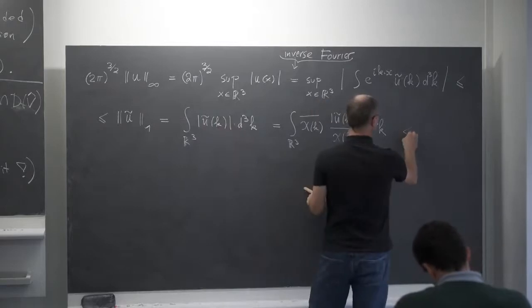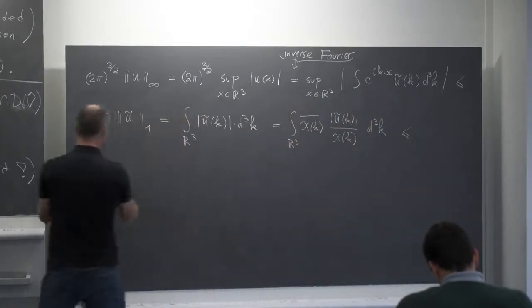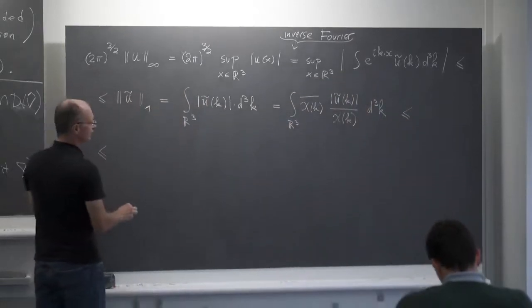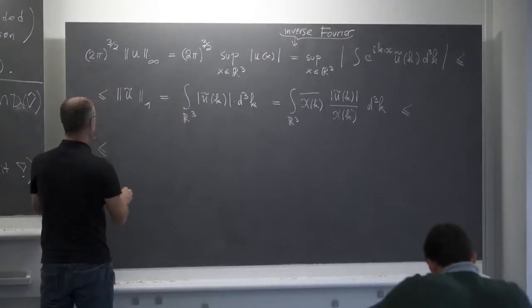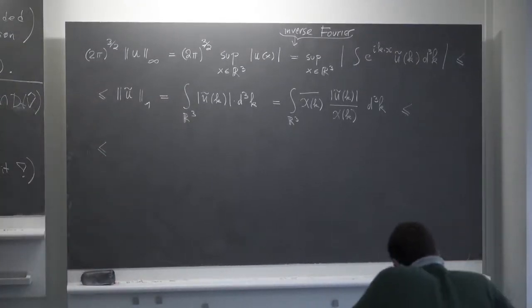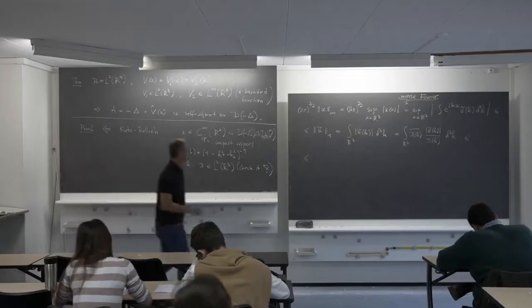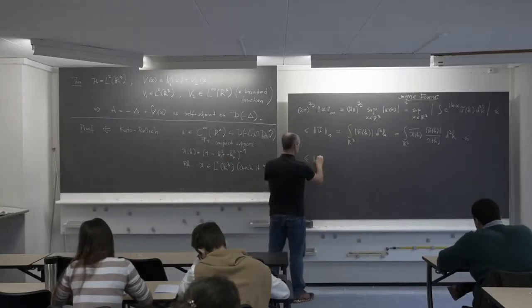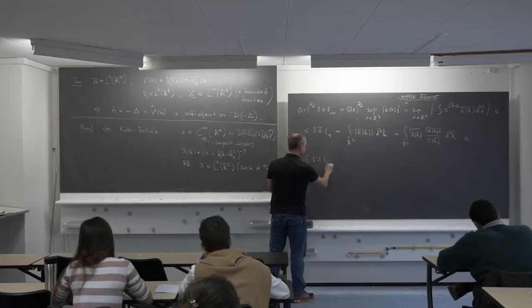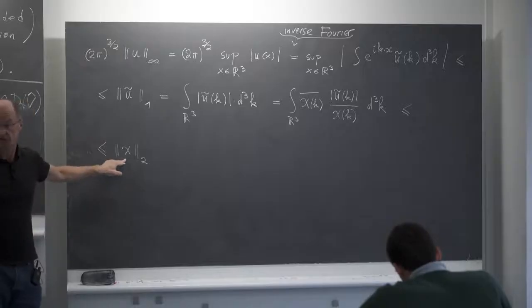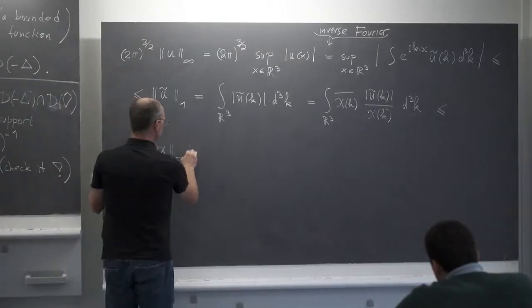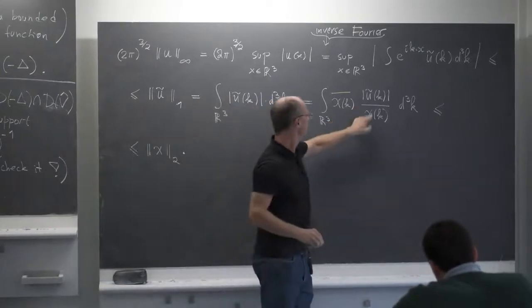So I can estimate it by Cauchy-Schwarz. So this is estimated as an L2 norm of chi, which is finite, times the L2 norm of this guy.